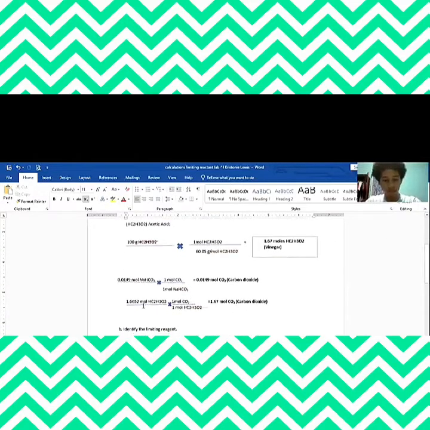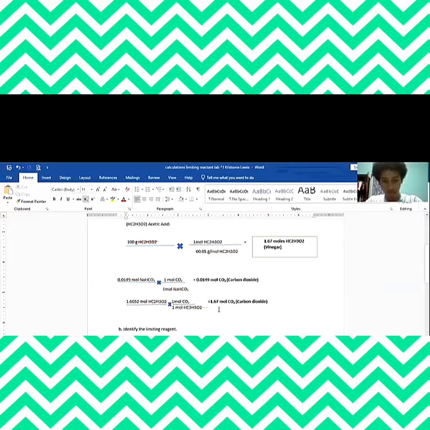Then we do the same for the acetic acid: 1.67 moles of acetic acid times 1 mole of CO2 over 1 mole of acetic acid. The moles of acetic acid cancel out.